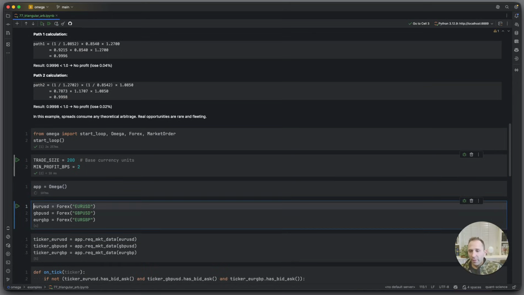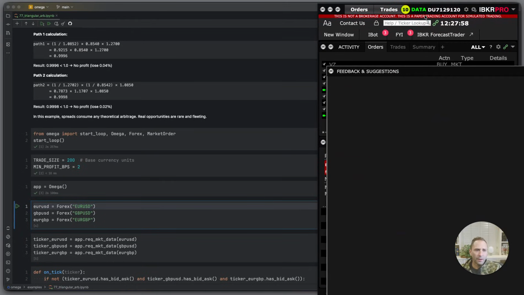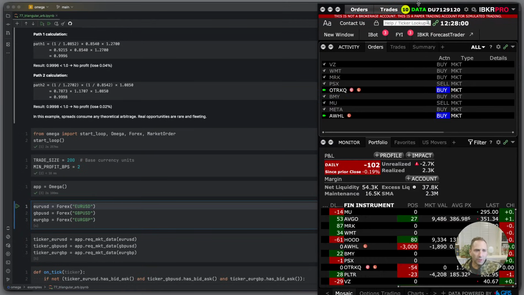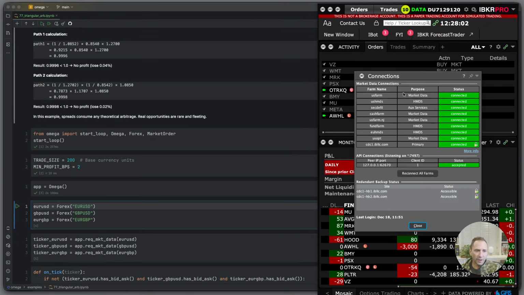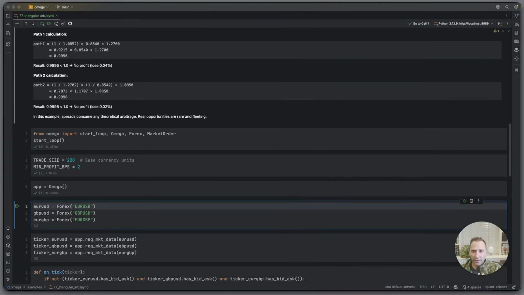We're going to start the Omega app. And what happens here is I've got my trading screen open. Sorry, I clicked the wrong button. If you click data, you can see that I'm connected to all the data farms. And then I've also got my API connection here, port 127.0.0.1. That is telling me that I'm connected to my trading account with Python through the Omega SDK. I like to call it the algorithmic trading SDK.